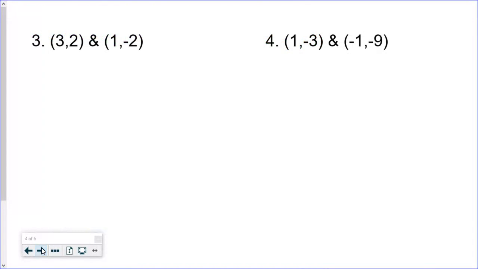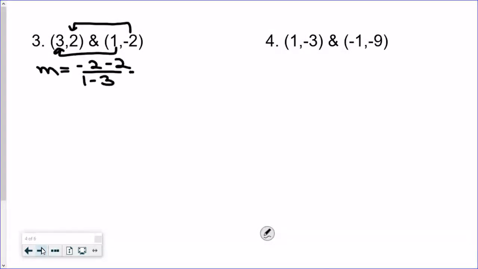Now we have to find the slope first. So we go y minus y over x minus x. Do the keep, change, and I get negative 4 over negative 2. A negative over a negative is a positive, and that's a 2.